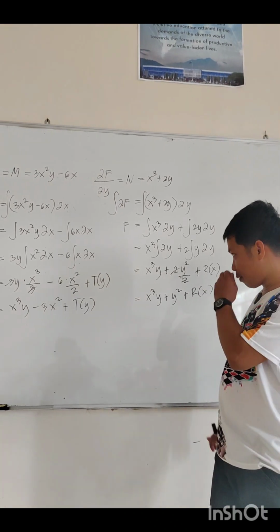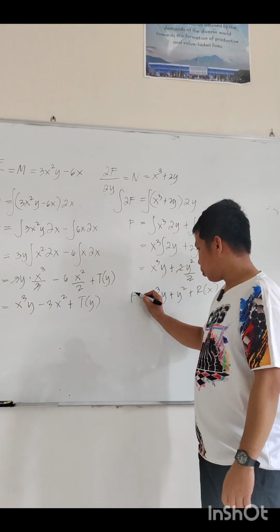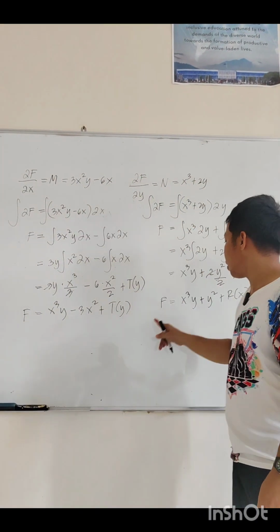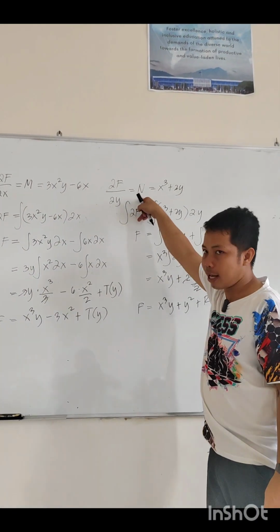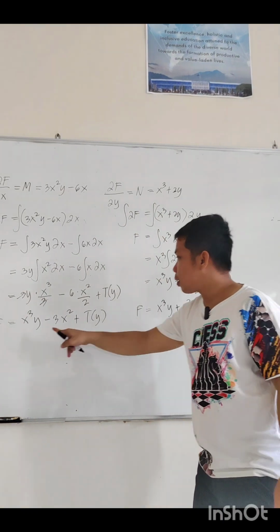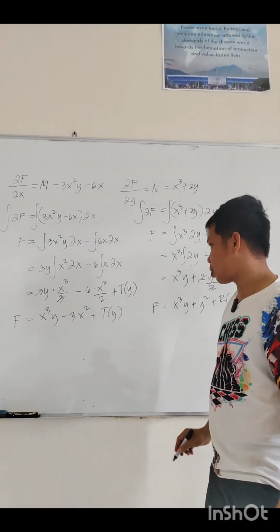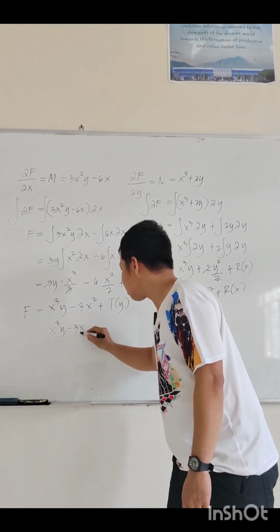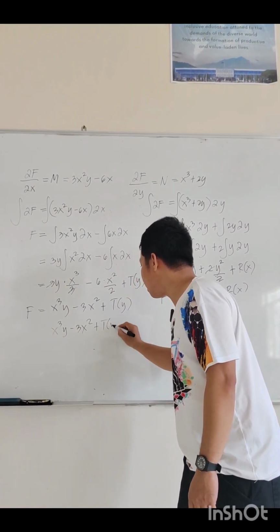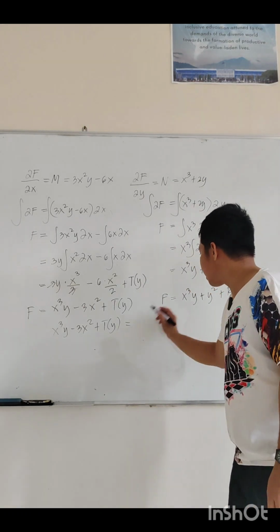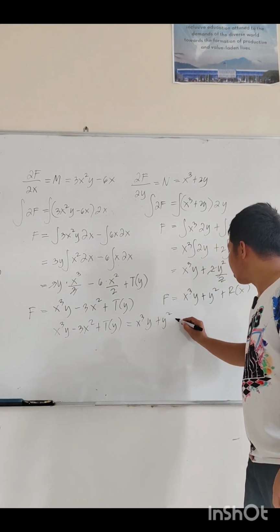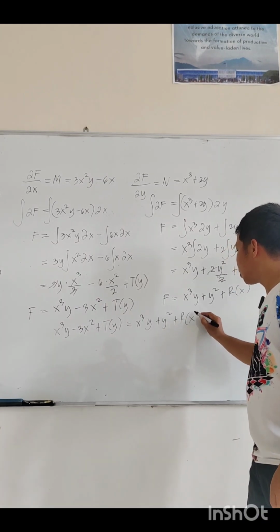Now, ano nang gagawin natin? So, this is the function of f dito sa m, and this is the function of f dito sa n. So, let us equate the two f's. We have x cubed y minus 3x squared plus t of y equals the second f, x cubed y plus y squared plus r of x.